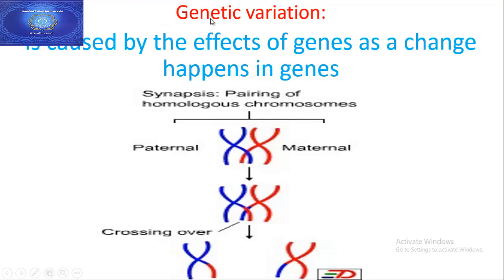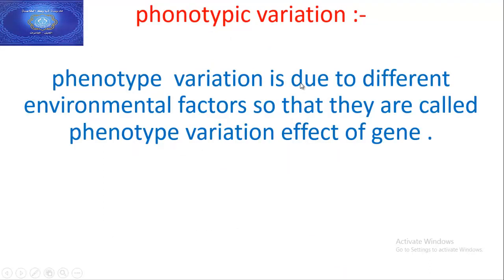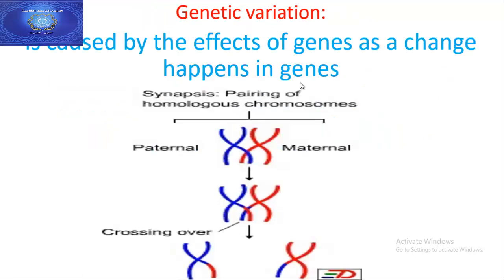Firstly, we'll discuss genetic variation, which is caused by the effect of genes, as a change happens in genes. My dear students, you can remember when we studied meiosis division in inheritance. This meiosis division told us that when the homologous chromosomes are nearby in one stage of meiosis, something called crossing over happens.